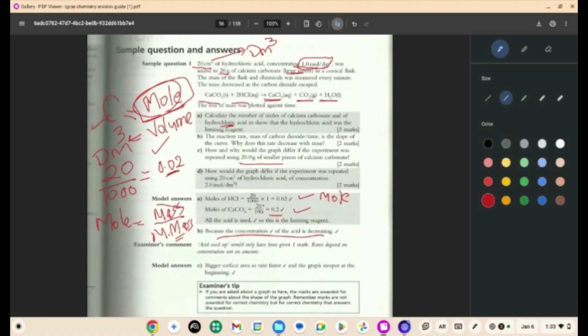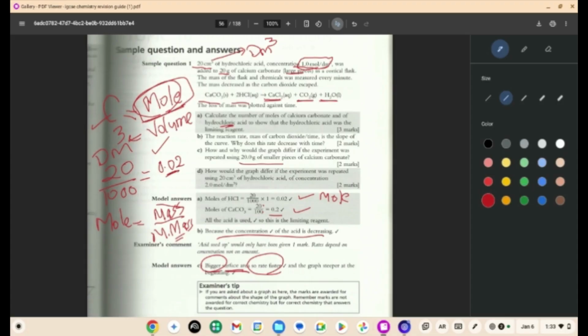So the rate of the reaction will increase because the surface area is increased. Bigger surface area, so the rate of the reaction will be faster.